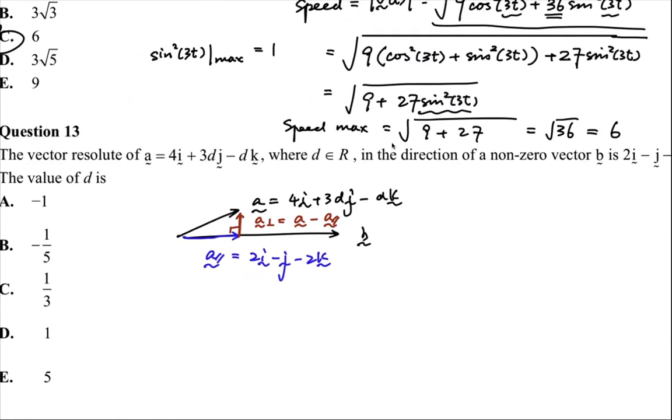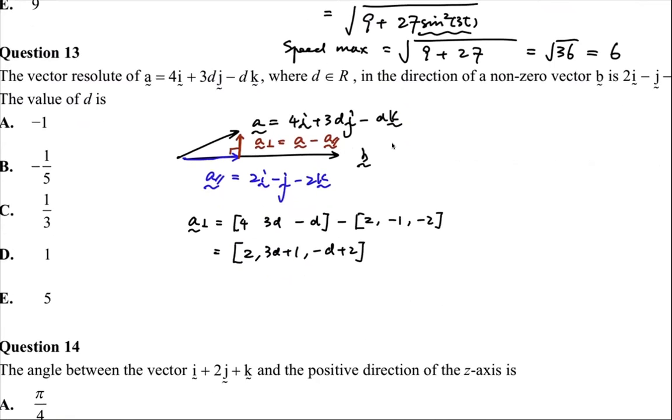So basically I could say, all right, my perpendicular vector is (4, 3d, minus d) subtracting (2, minus 1, minus 2). So eventually you should get 2, 3d minus minus 1, 3d plus 1, and then minus d plus 2. Okay?